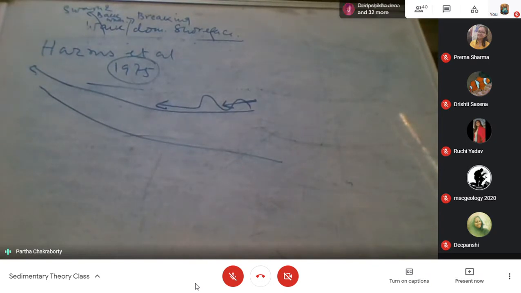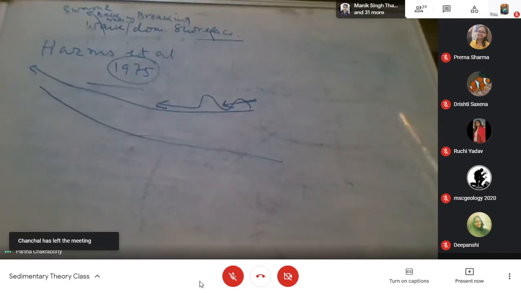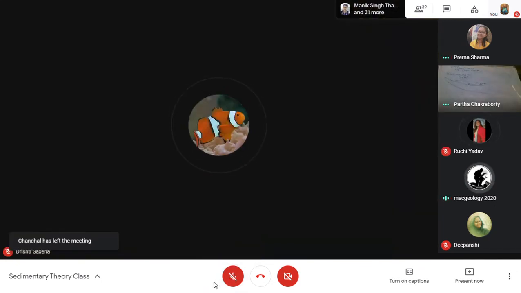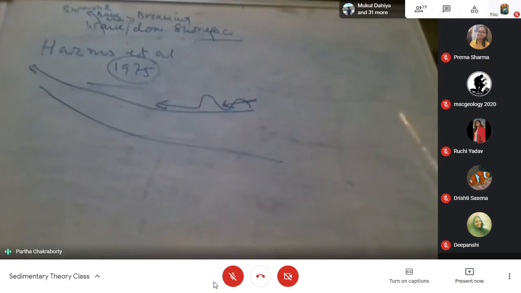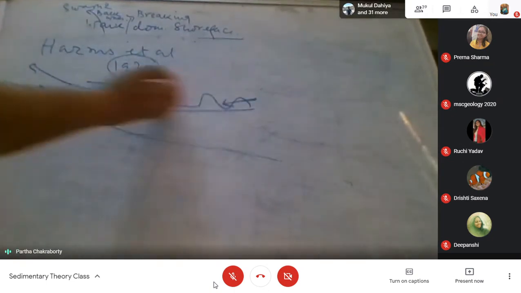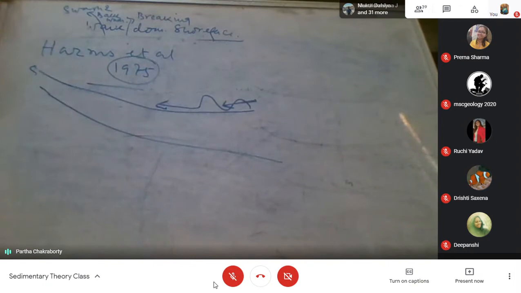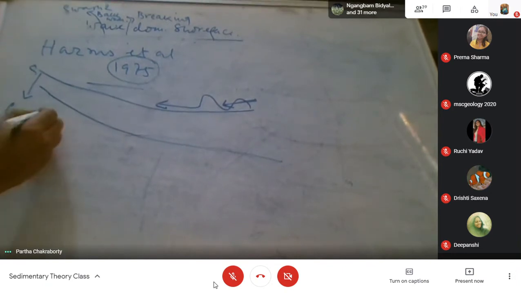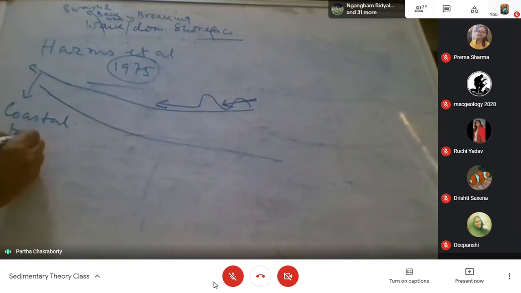Haven't you got that on WhatsApp? Yes, sir. So why does it happen? Because the storm is basically scraping the water from the surface layer and piling it onto the shoreline, which is called the coastal pileup.